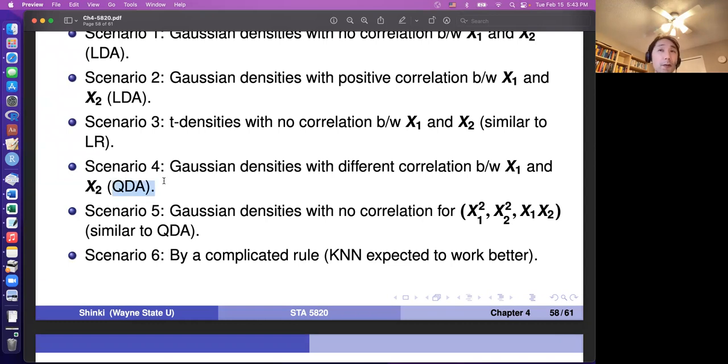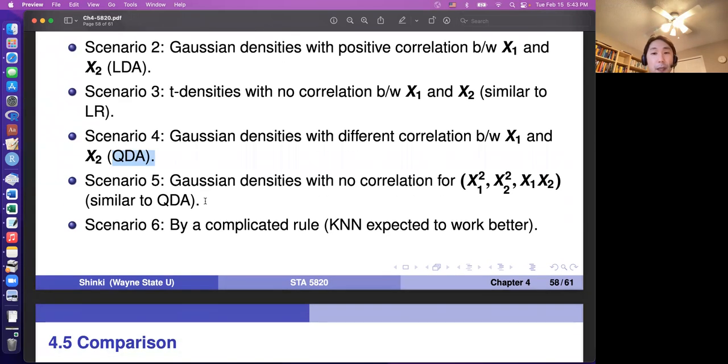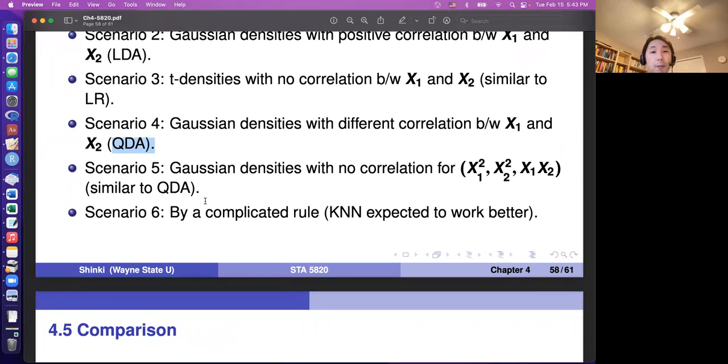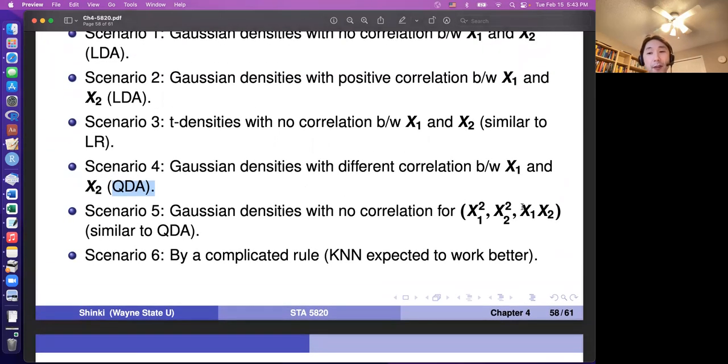It should work well for QDA, but maybe LDA and logistic regression may not be enough. Scenario 5, the Gaussian density with no correlation for x1 squared, x2 squared, x1 x2. So we have a more complicated pattern than the usual LDA assumption, but it's limited to the quadratic term. So maybe QDA can deal with it relatively better than LDA.